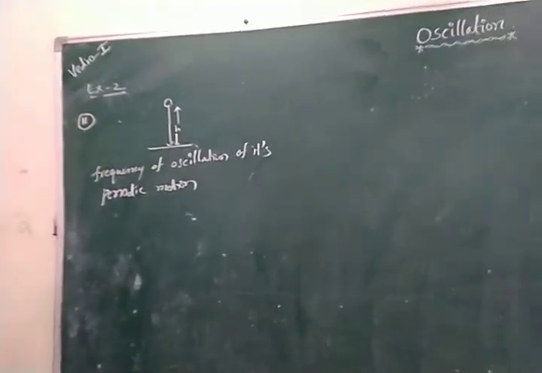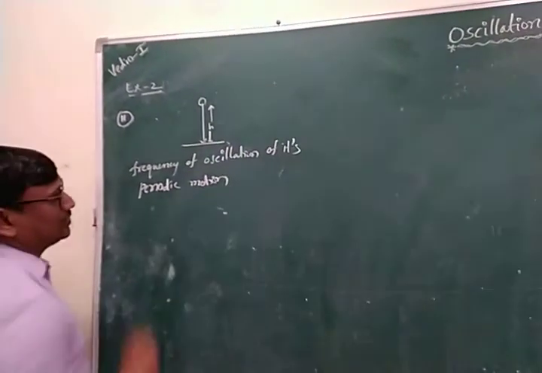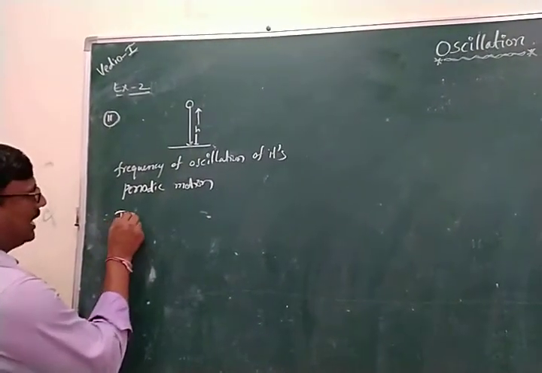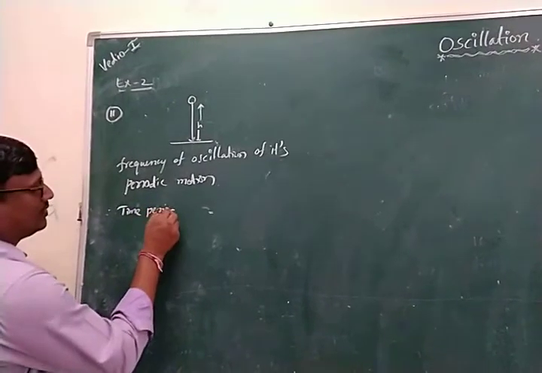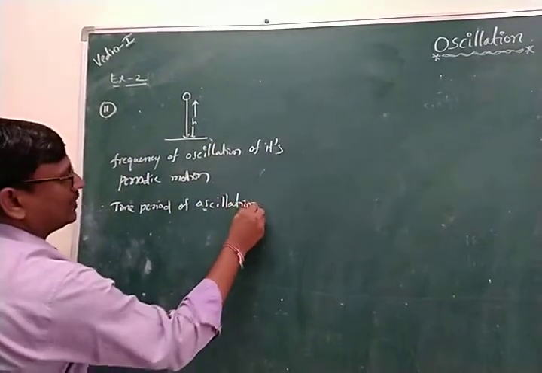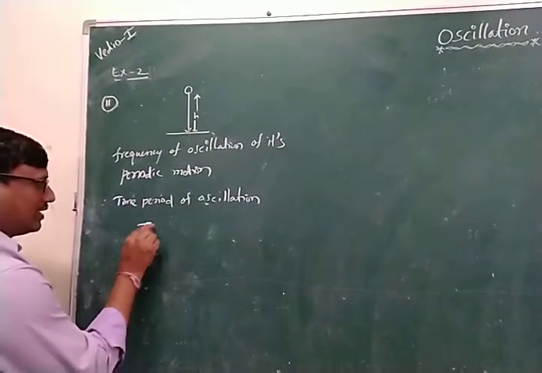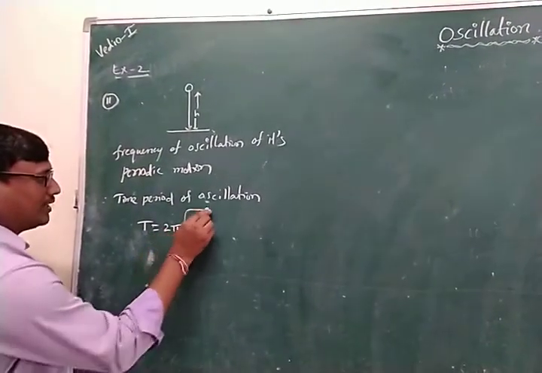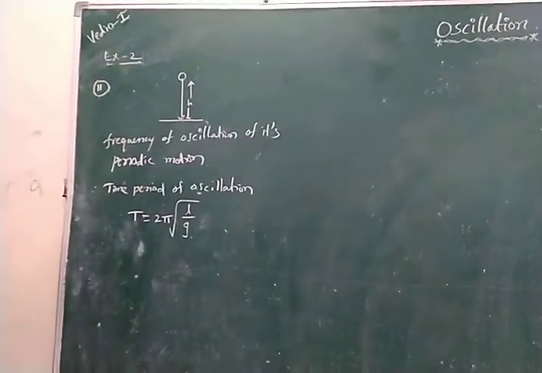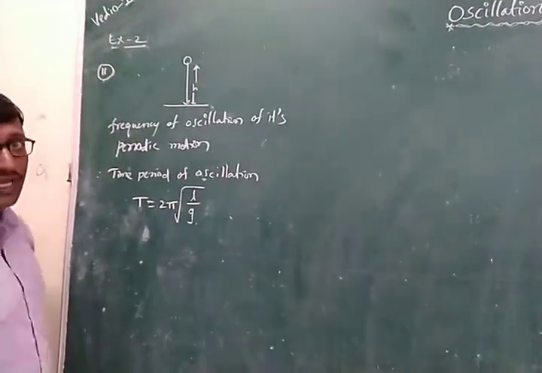See here, we know the time period of oscillation. What is the formula? T is equal to 2 pi under root of L by g.